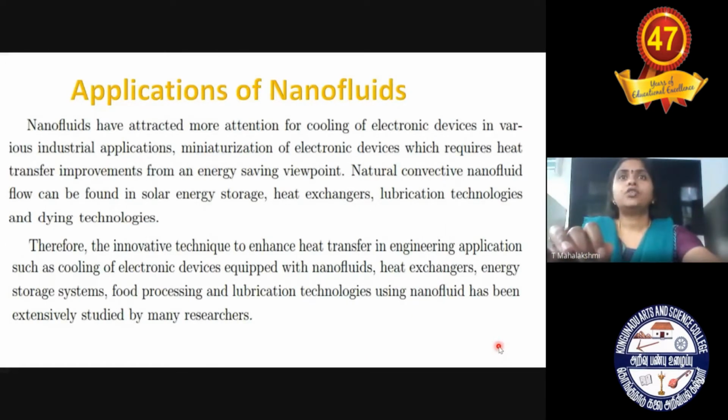So the applications of the nanofluids we see. This innovative technique, the purpose of using the nanofluid, is to enhance the heat transfer in order to get the cooling of electronic devices. Only when the electronic devices are cooled will the lifetime of the electronic device be a larger one.